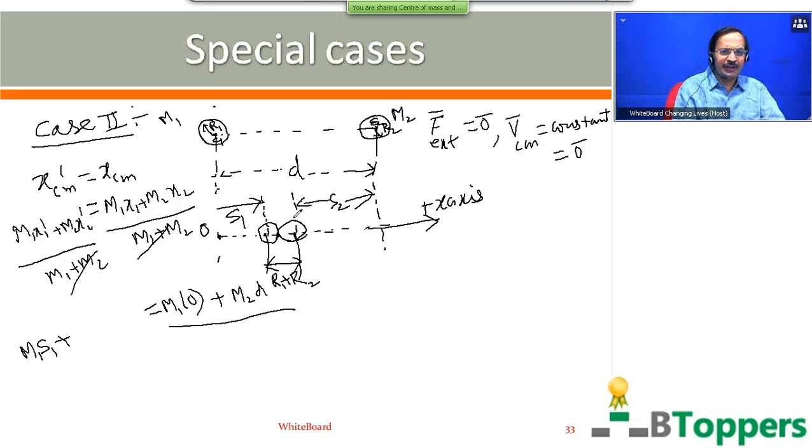X2 dash is the new distance of the center of the second sphere from the origin. You can observe from the figure, X2 dash can be written as S1 plus R1 plus R2.